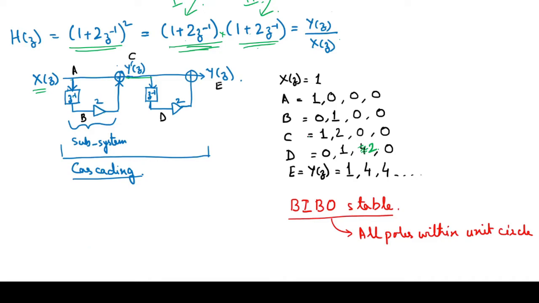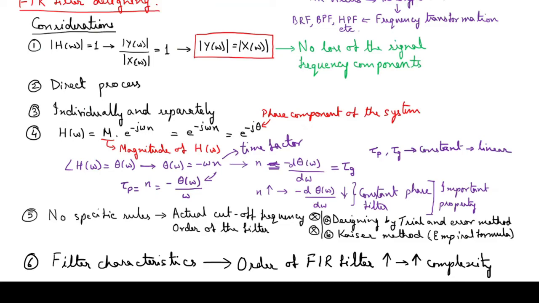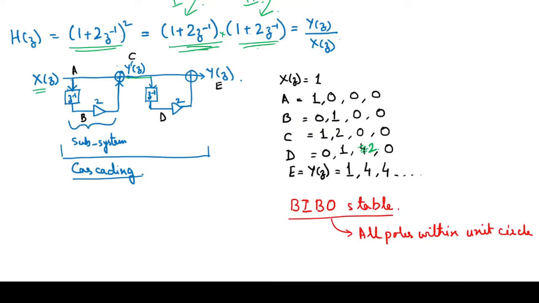And this kind of filters, they are BIBO stable. That is, all the poles are within the unit circle, so since they are within the unit circle, these filters are inherently stable. Okay. So from the next class I will start with the FIR filter designing.